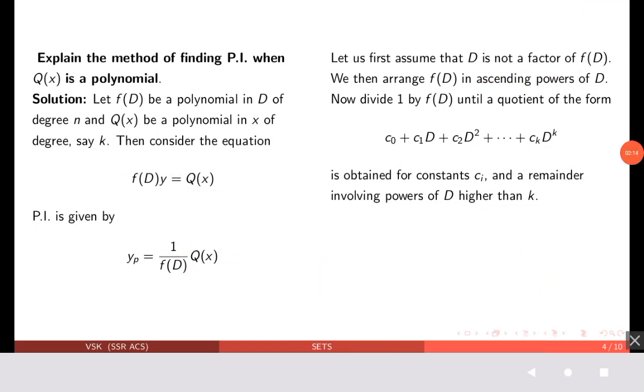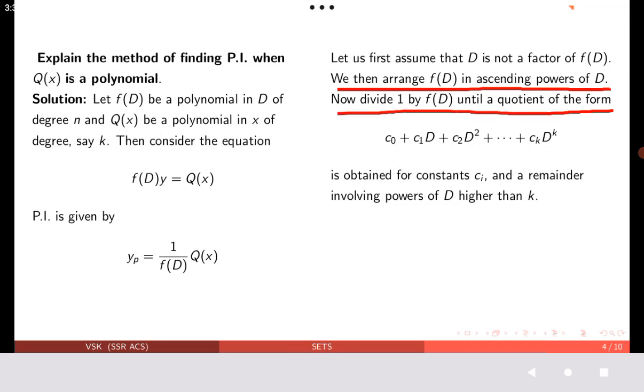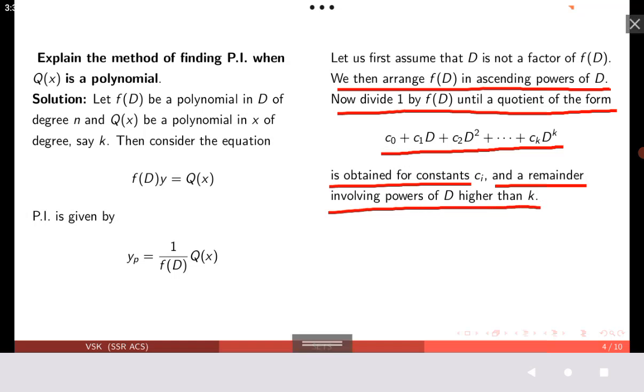So we then arrange F(D) in ascending powers of D, and we divide 1 by F(D) until a quotient of the form c0 plus c1D plus c2D squared plus ... plus ckD to the power k is obtained for constants ci, and a remainder involving powers of D higher than k.